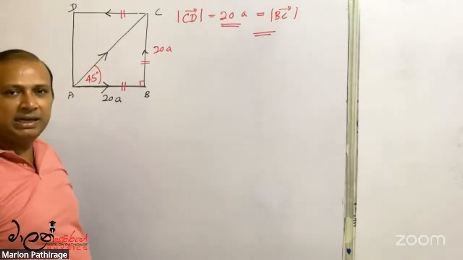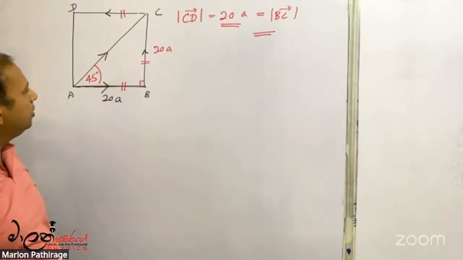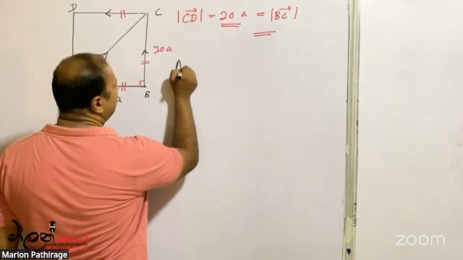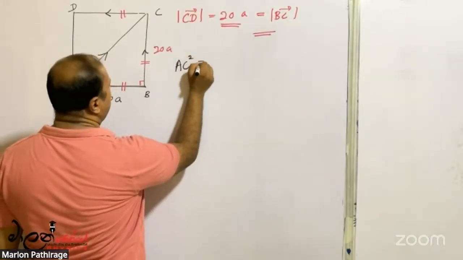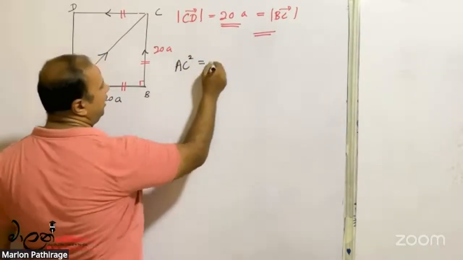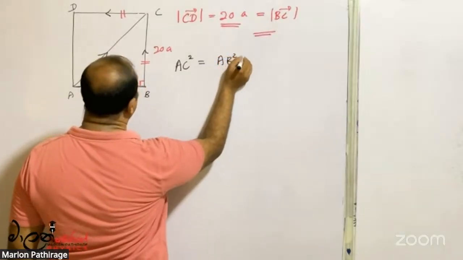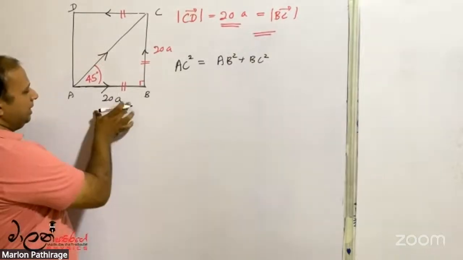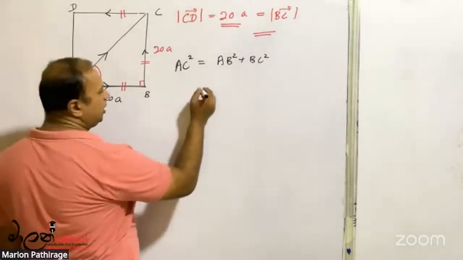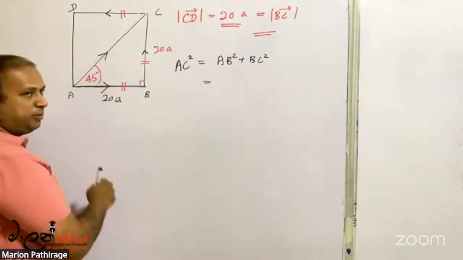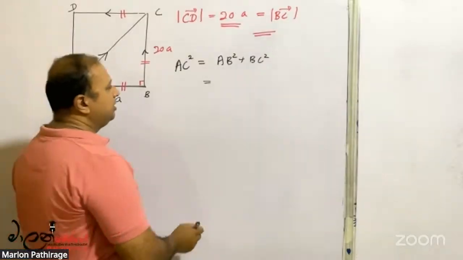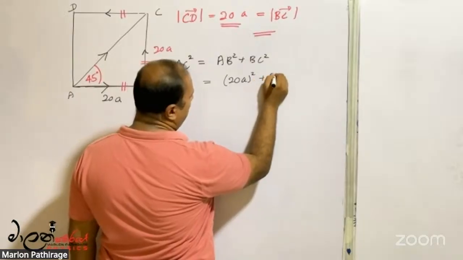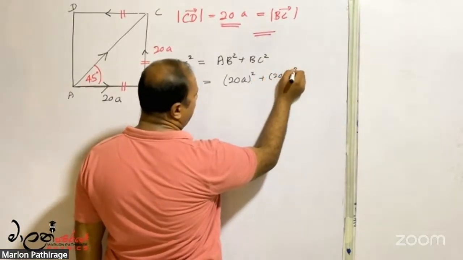Therefore, AC square is equal to AB square plus BC square. AB and BC are both the same, 20. So this is 20 square plus 20 square.